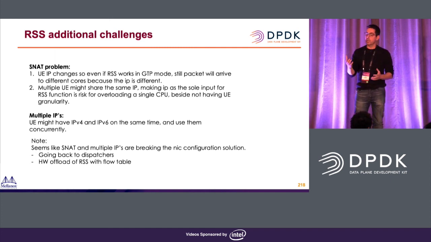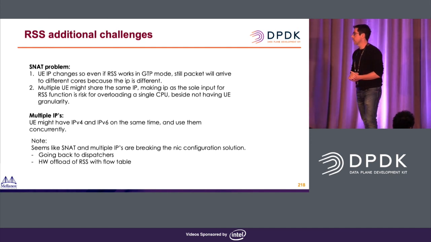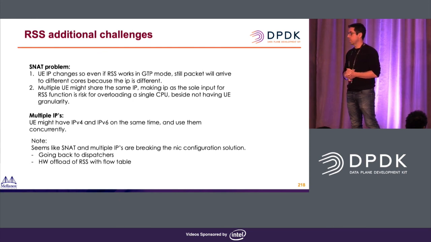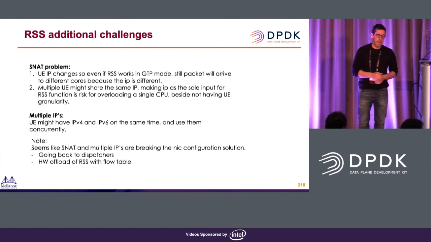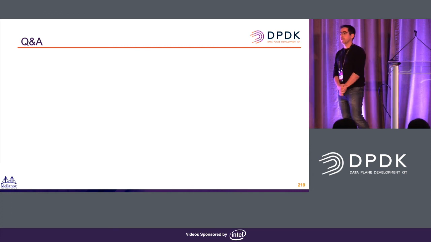When you allocate the UE, you configure the hardware and load balance, so specific traffic of a UE, whether it's IPv6 or IPv4, before the NAT or after the NAT, will get to the same core. Or you can go back to dispatchers, and we saw that wastes cores and utilization. That's it.